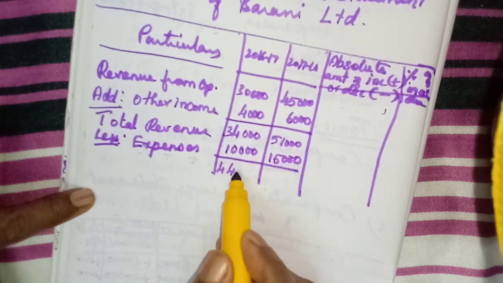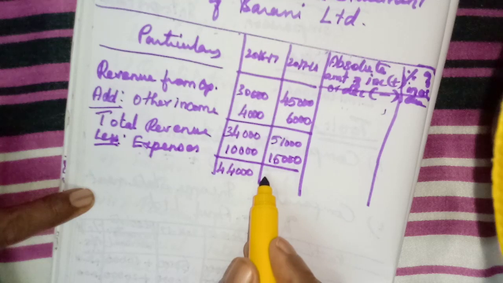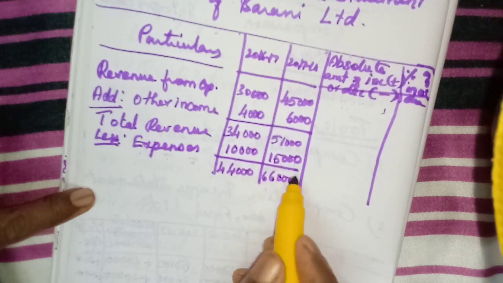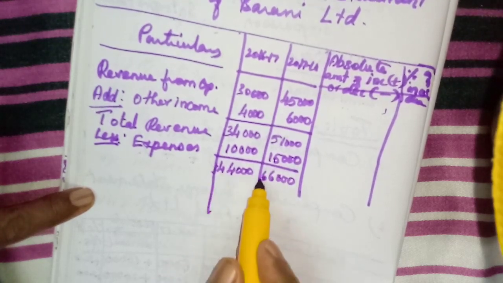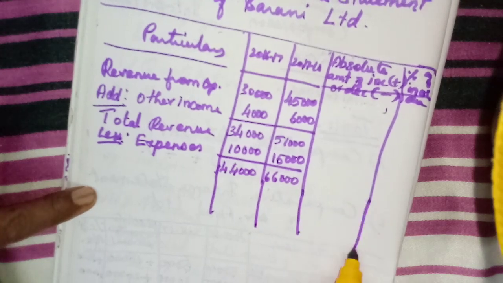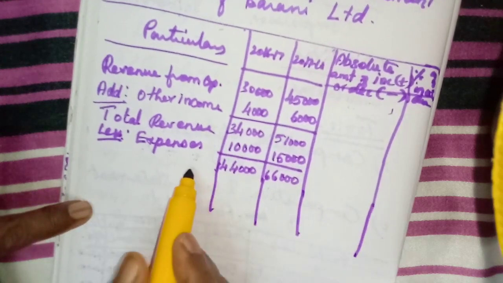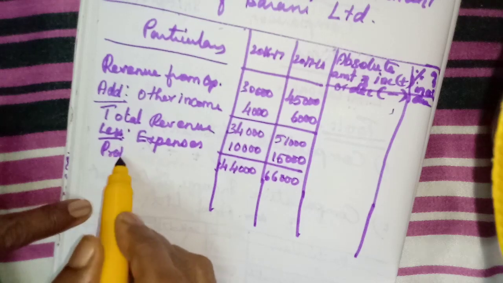So 24,000 and 36,000. This is profit before tax.